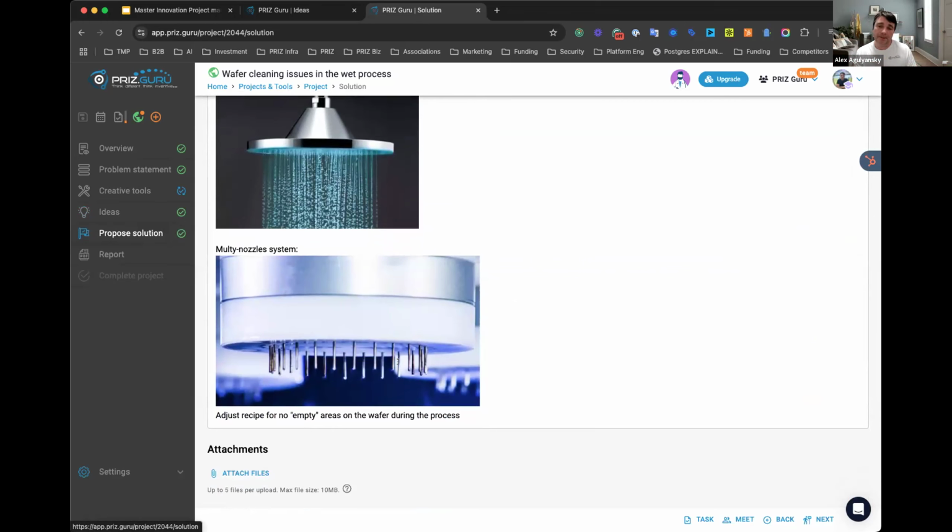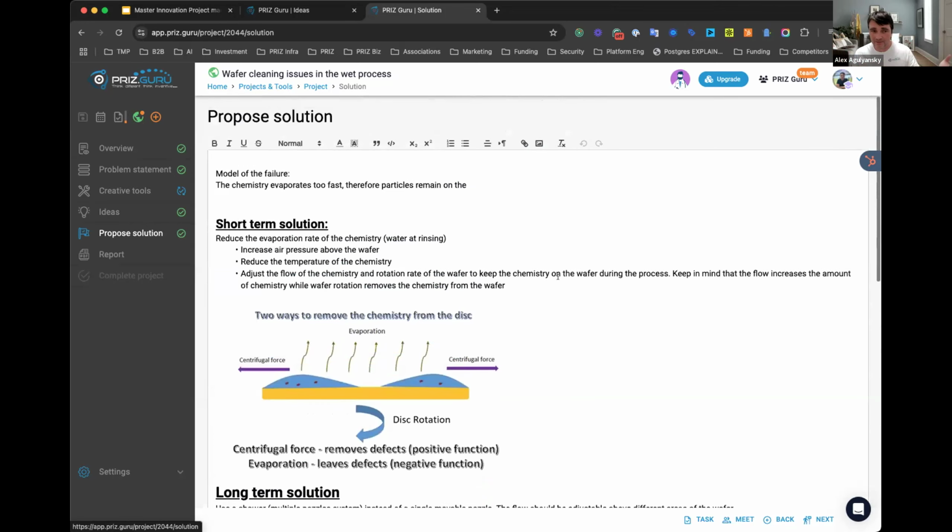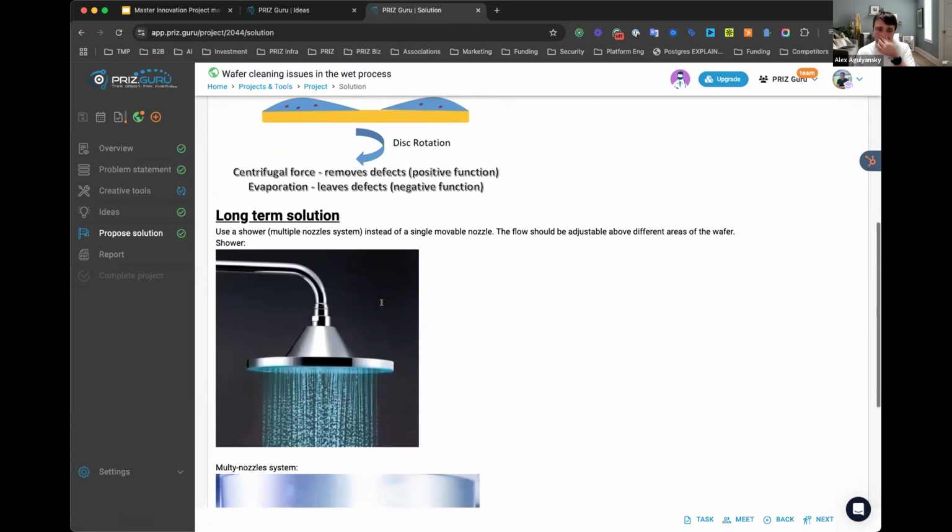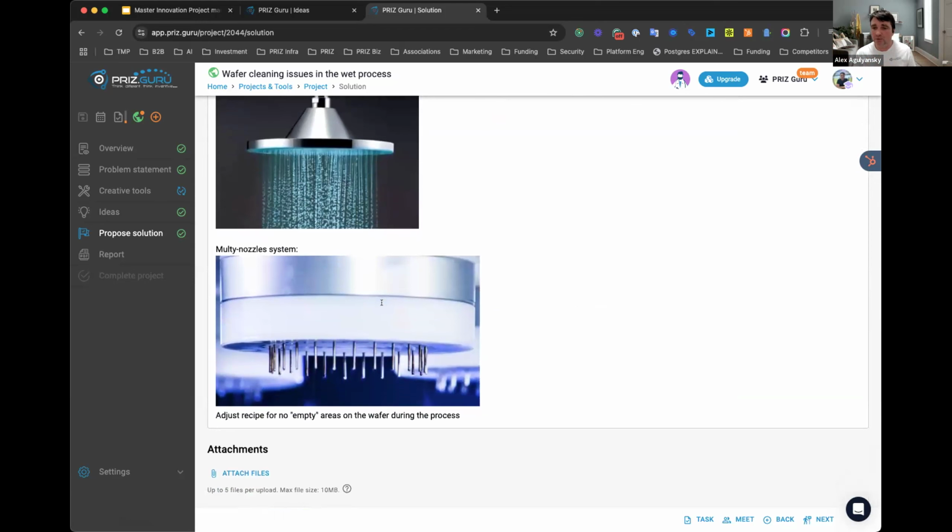Usually it would go into a presentation or a Word document. In this case, it's compiled as a focused screen just for the solution that we're trying to propose. In this case, it was a short-term fix versus long-term solution, and so on. There is no particular structure in that, as usual.